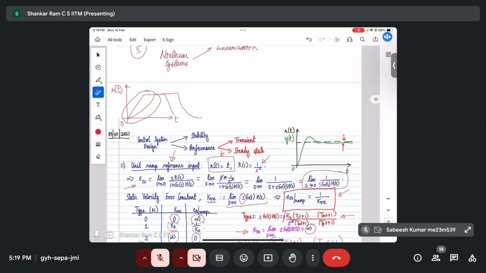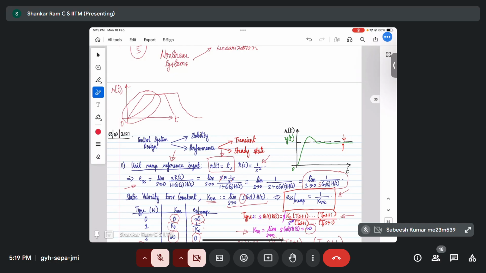Even with that, we will observe that tracking or making the closed loop system stable is a task. I would say very challenging. But as we keep on increasing the number of open loop poles at the origin by making the value of capital N higher and higher, even stabilizing the closed loop system becomes challenging.